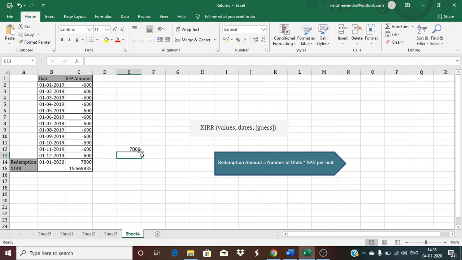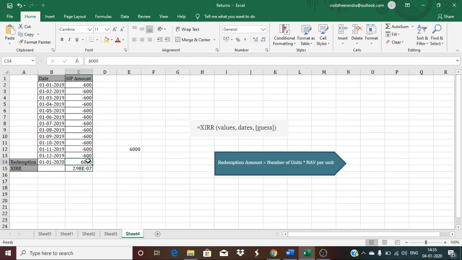Now if the NAV, rather than 78, is 60, then the redemption value or the current market value will be 6,000 rupees. Now suppose the value is 6,000, what will be the XIRR? So I change the value and hit enter. Now the XIRR will be different.